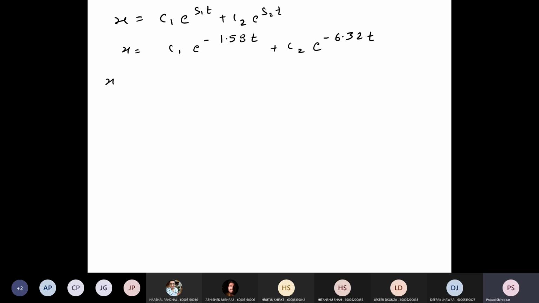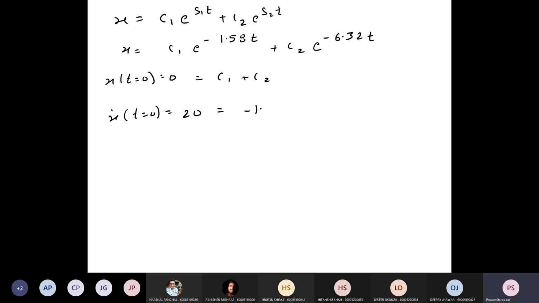Now substitute both the boundary conditions. x at t equal to 0 is 0, so that becomes C1 plus C2 is equal to 0. x dot at t equal to 0 is 20 meters per second.